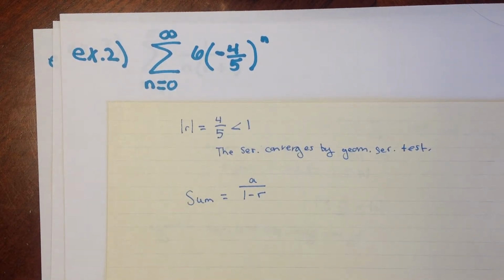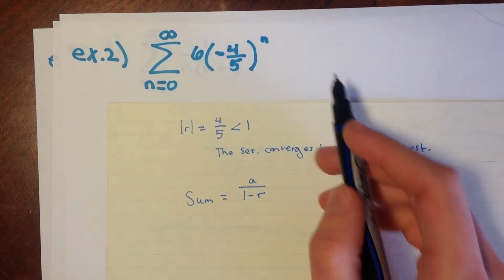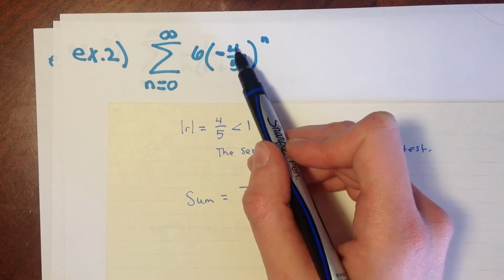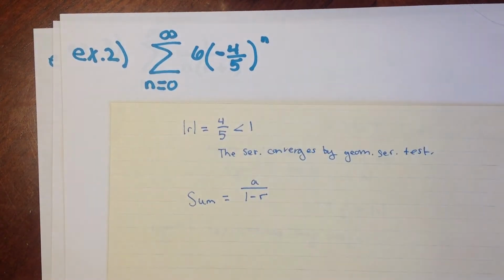If the index does not start at 0, say if it started at 1, I would simply replace a with the first term in that series. So if my index was 1, my a value would be 6 times negative 4/5, because that would be the first term in your series. In this case, the first term in my series, when I plug in 0 for n, is going to be 6, because negative 4/5 to the 0 power is 1.